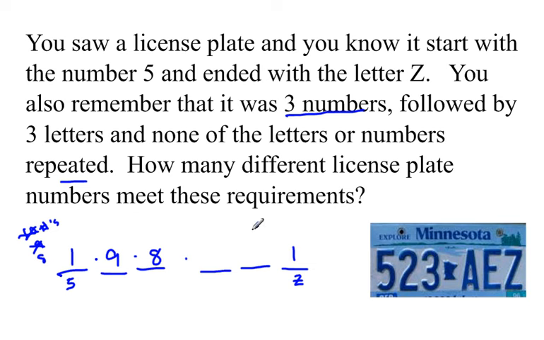All right, let's do the same thing over on here. We have 26 letters, but we already used the Z, so I'm down to 25 letters. So I have 25 options here. After I use a letter there, I'm down to 24 options because I have no repeats. And we will see that the number of different license plates that are possible that meet that requirement are 43,200.